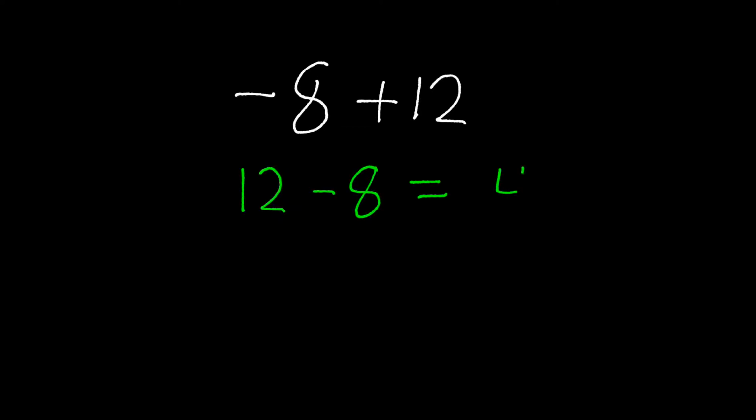That's going to give us 4. Since 12 was the bigger number, this 4 is going to take 12's sign, meaning it is a positive 4. So our answer is just 4. Okay, and now let's do one more that's the other way.